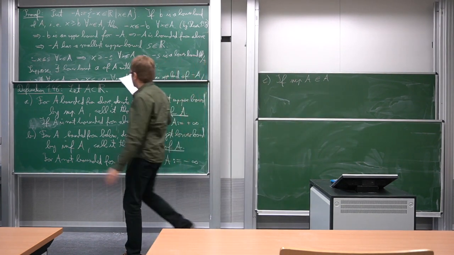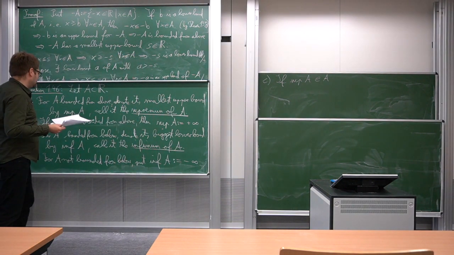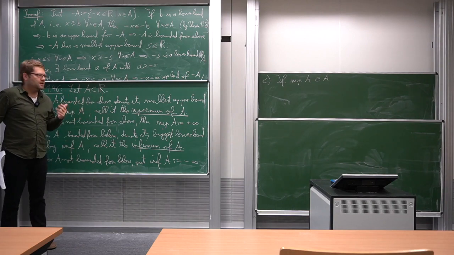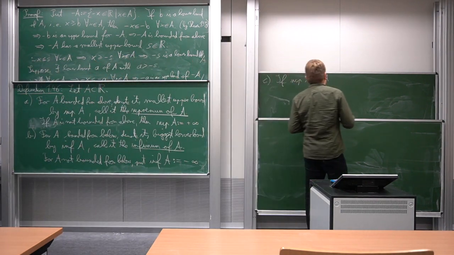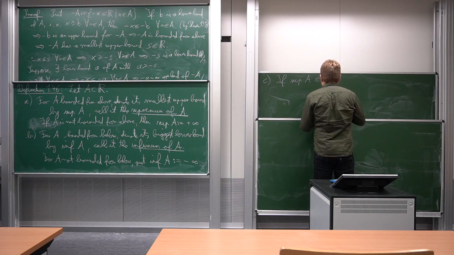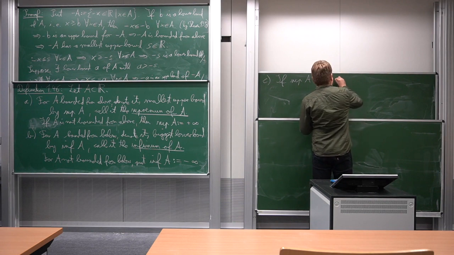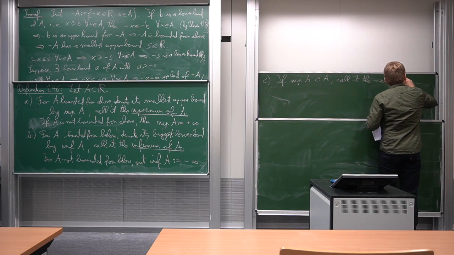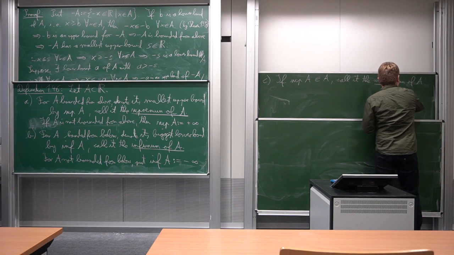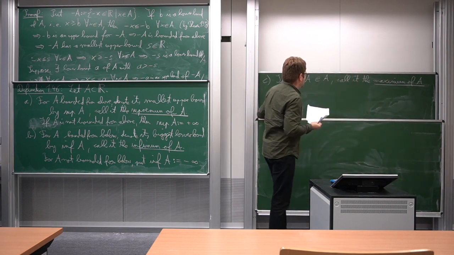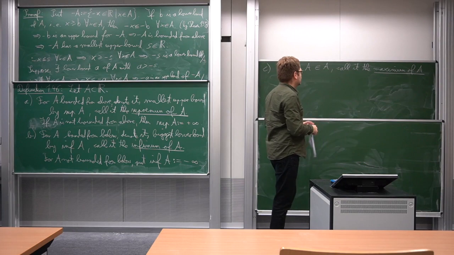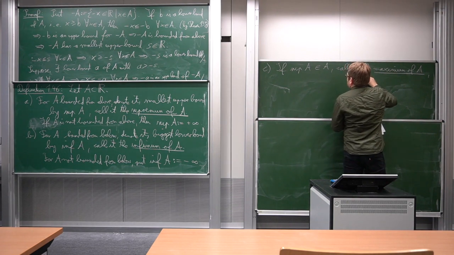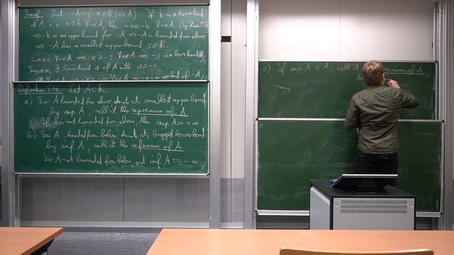We have only seen by definition that this is the smallest upper bound, this just has to be some number in R, but we don't know if it's in A. It's just some upper bound, which doesn't necessarily have to be in A. And if this is indeed an element of A, then call it the maximum of A. This is, for example, the case if we have a finite subset of R, then the biggest element will always be the maximum of a set. Denote it by max A.